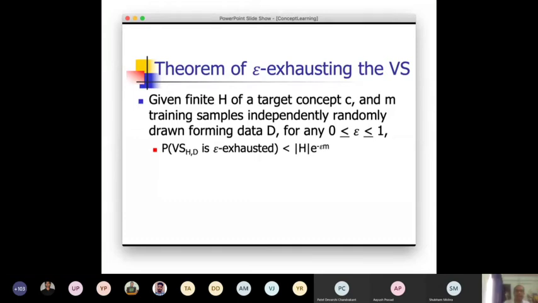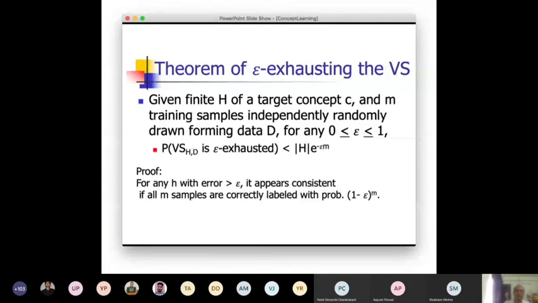This is the theorem: the probability that the version space is epsilon exhausted is less than the size of the hypothesis space times e to the power minus epsilon n. It is true for any finite hypothesis space and for any learning algorithm.